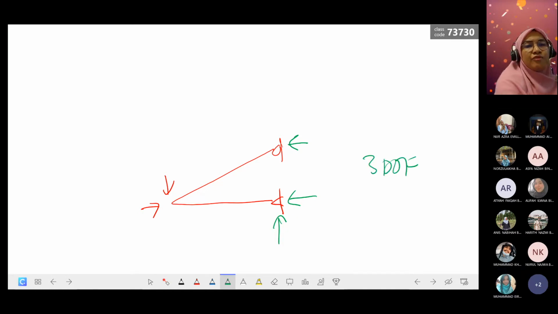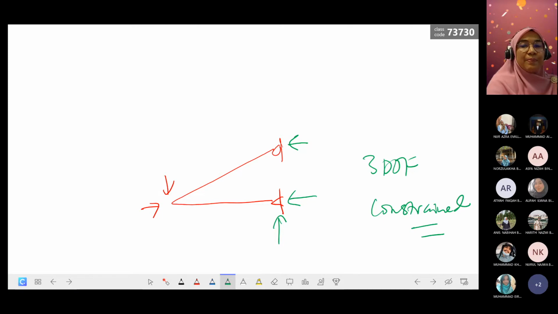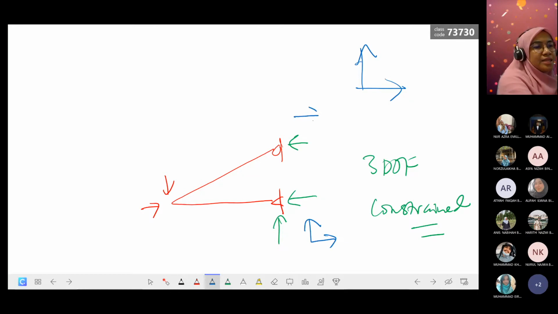3 DOF kat mana? Constraint kan? Ya, constraint. Tapi dalam diagram stiffness method kita akan follow direction apa sign convention for stiffness. Sign convention for stiffness kita akan pakai yang ni. Yang biru tu. Jadi kita akan apply to DOF dekat sini and dekat sini.